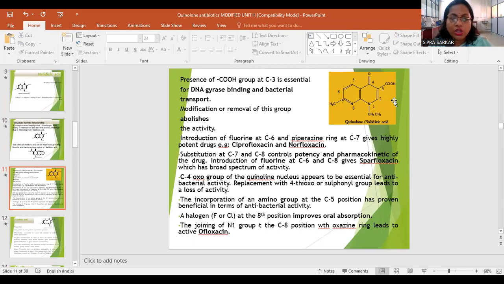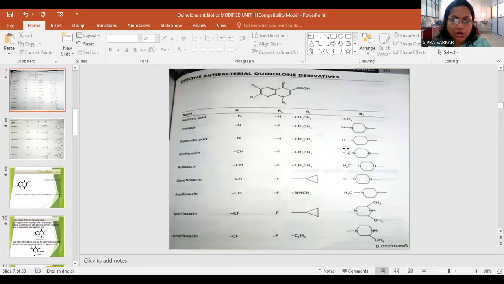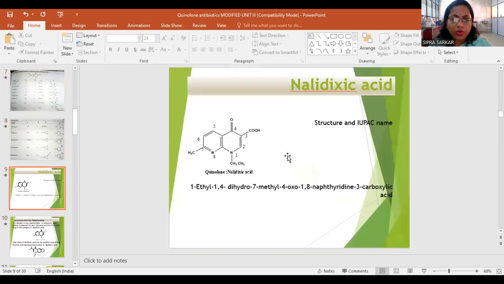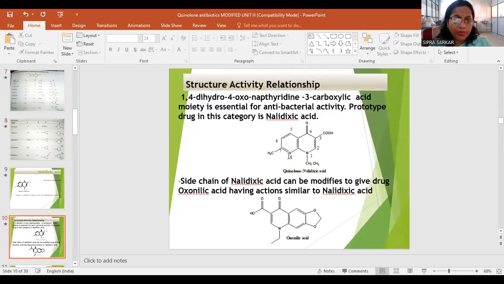Introduction of a fluoro group at the C6 position and a piperazine ring at C7 gives highly potent drugs like ciprofloxacin and norfloxacin. The piperazine ring is a 2-nitrogen containing saturated heterocyclic molecule, and with the fluoro group, ciprofloxacin is a very good, important category.